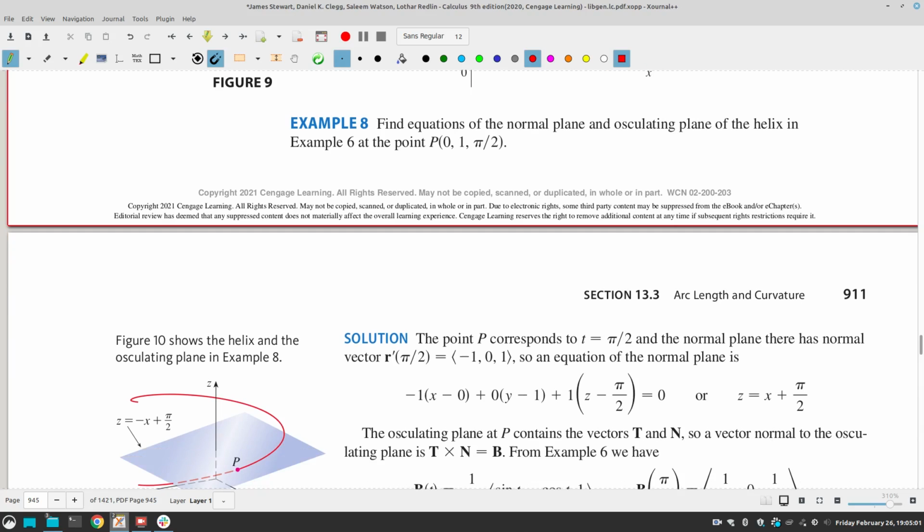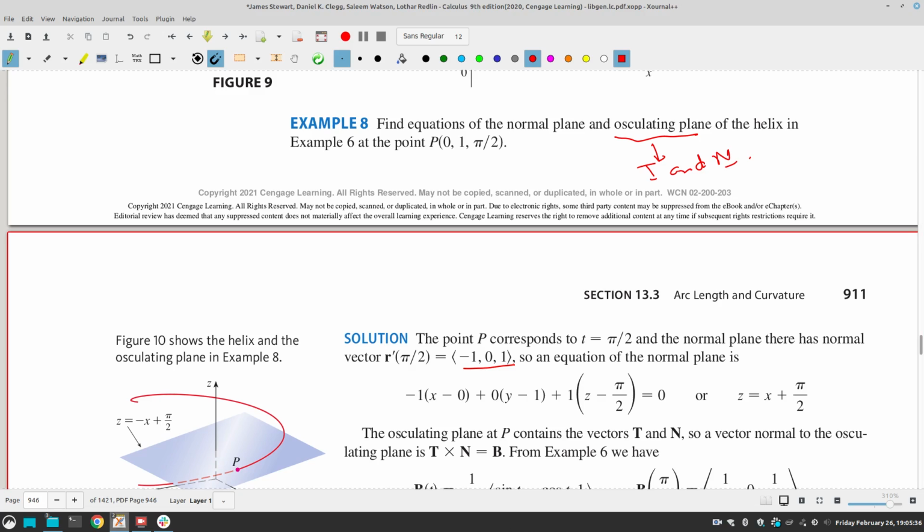So let's first find the osculating and the normal plane. Of course, to find the osculating plane we need t and n. So t is equal to this. This is n, no, this is actually r prime of t.